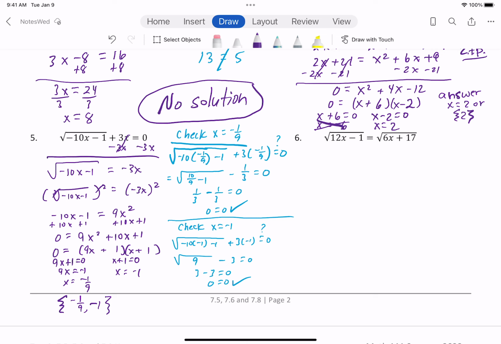And of course, it's easy to spot the difference for this one, right? For this one, the left-hand side and the right-hand side are both under a root. They are isolated, so we can go ahead and use our principle of powers.